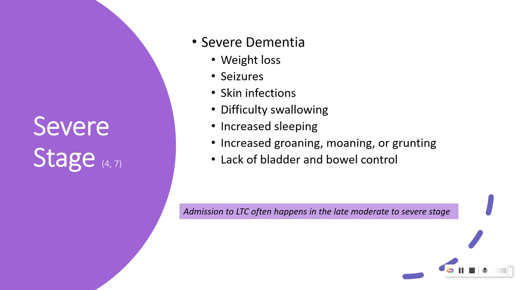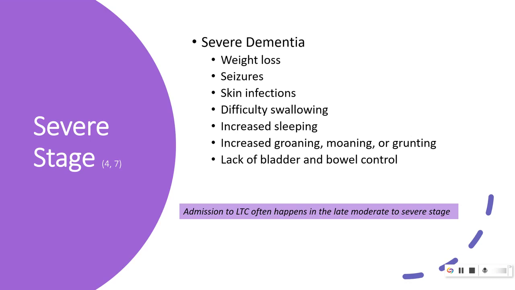And we'll talk about some of that when we get to part 2. The person might sleep more, and that can also cause some problems with skin infections, and we might have some problems with weight loss because of difficulty swallowing. They might have increased sleeping, not being able to be as mobile, and then that can cause some skin breakdown.